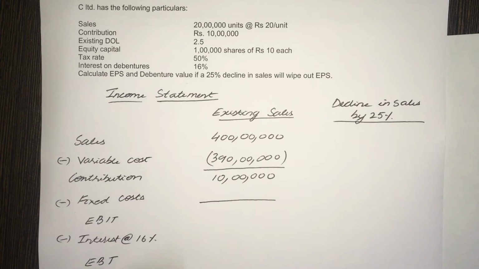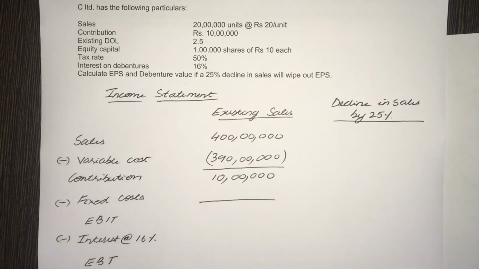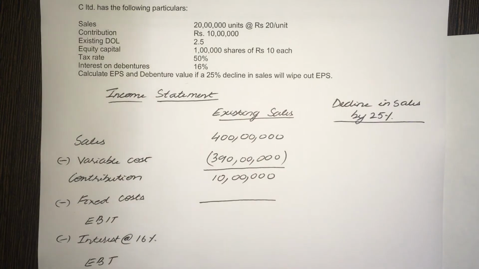Then EBT minus tax is EAT, earnings after tax. Earnings after tax minus preference dividend. All right, so finally you have equity earnings.